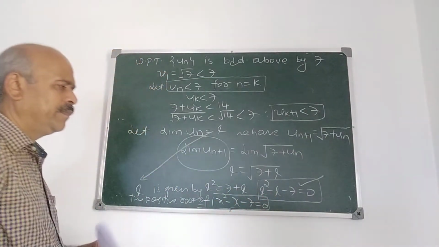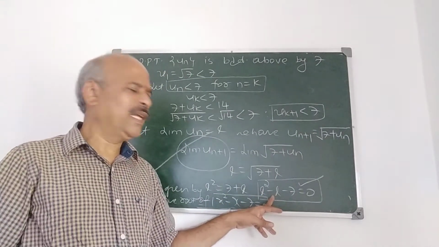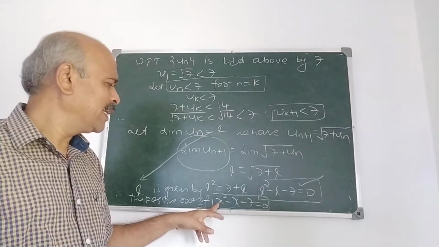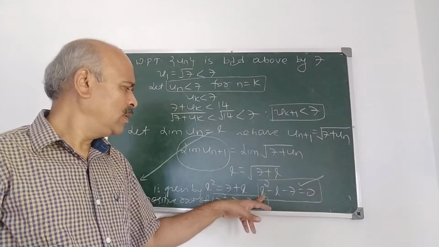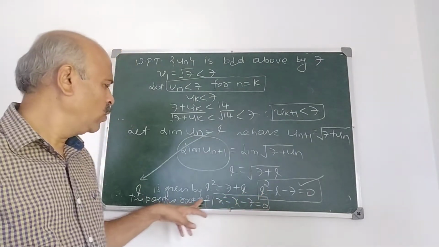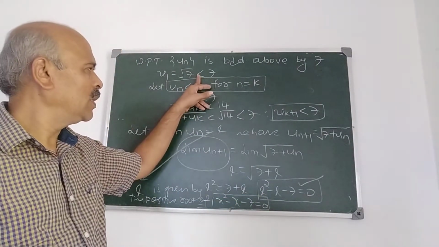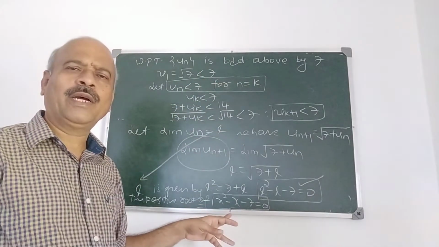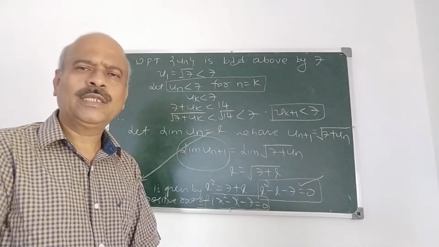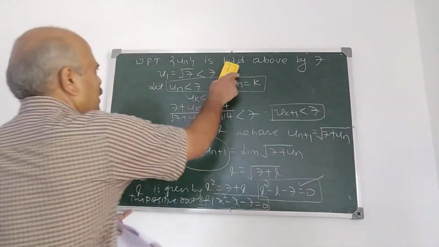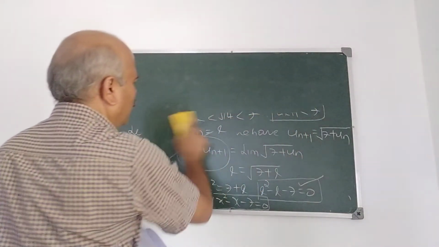The positive root of L square minus L minus 7 and of x square minus x minus 7, you will get the same. So the limit of this sequence is given by the positive root of x square minus x minus 7 is 0.